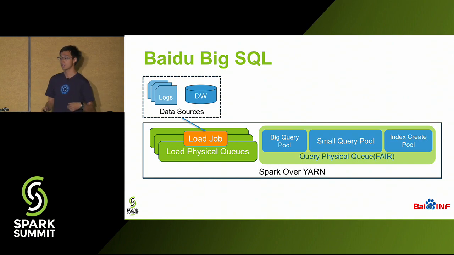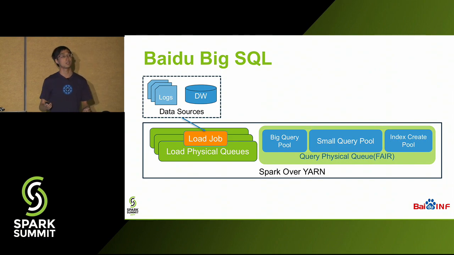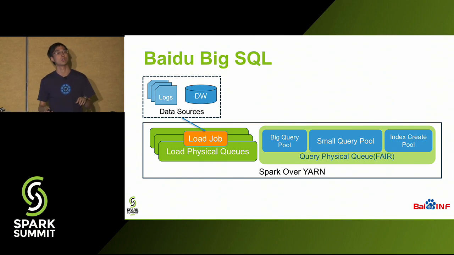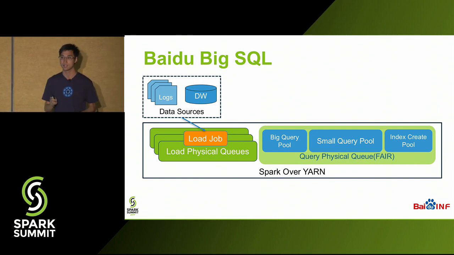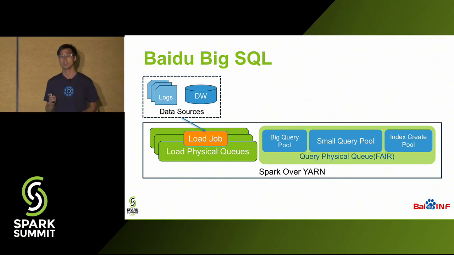The user starts their load job, or it is started by the scheduler, and it reads from the data source and does ETL work. After the work, they save their result to many Parquet files. Each load job corresponds to a single partition of a destination table.